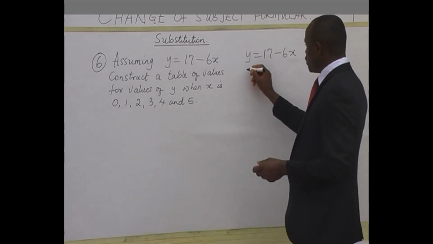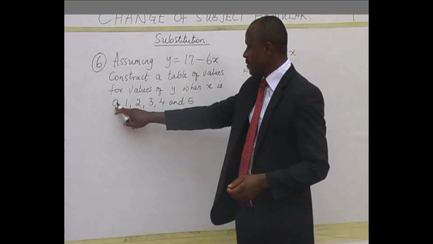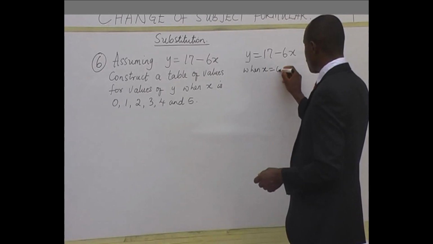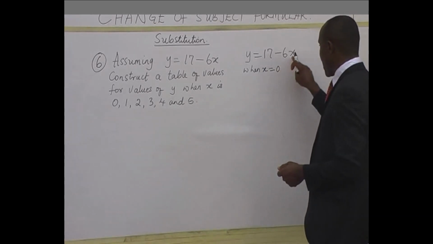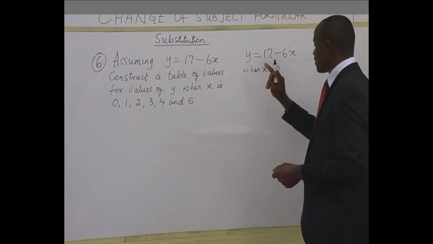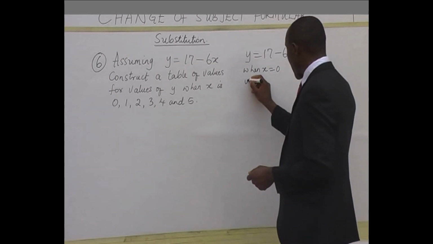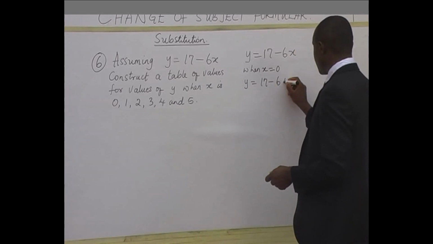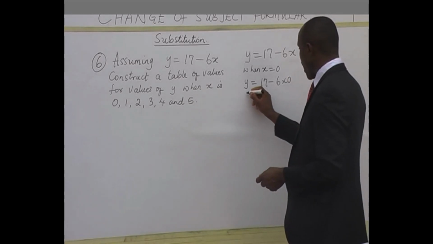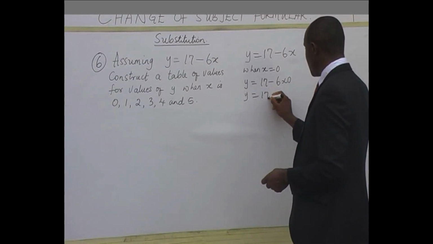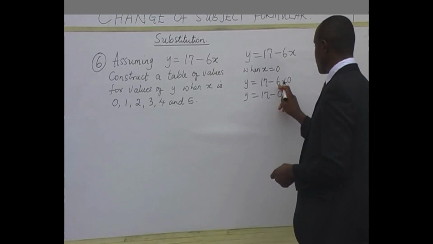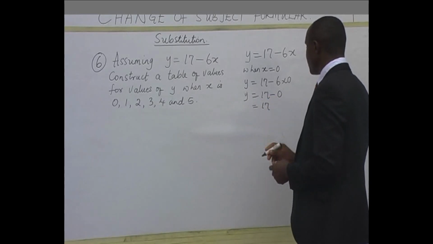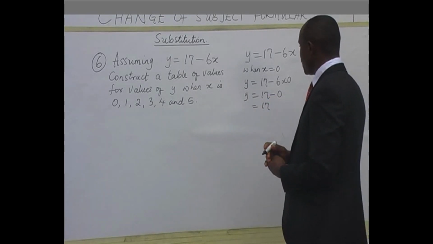Now, you start from the first value of x. You write when x is equal to 0. That means you substitute 0 for x and find whatever is left will be the value of y. That means y will be equal to 17 minus 6 times 0. y will be 17 minus 0, because 6 times 0 is 0, and 17 minus 0 is 17. That's the first value.